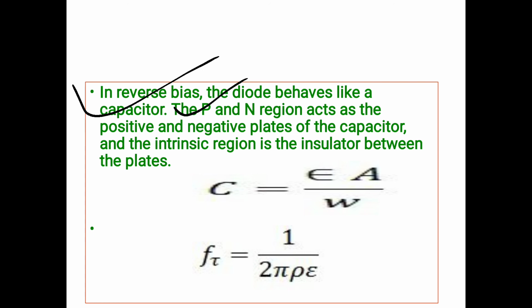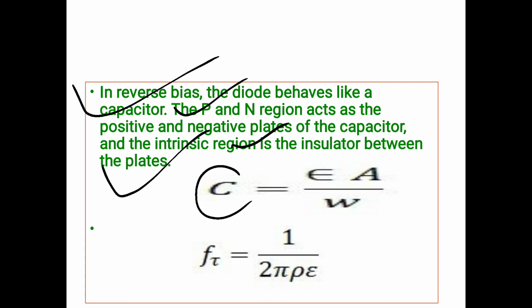So this is going to act as a parallel plate capacitor, where the P region and the N region act as the positive and negative plates, and the intrinsic region is the insulator medium between the plates, acting as a dielectric medium. So the capacitance of the diode is given by C equals epsilon into A upon W, where epsilon is the dielectric constant, A is the area, and W is the depletion width.